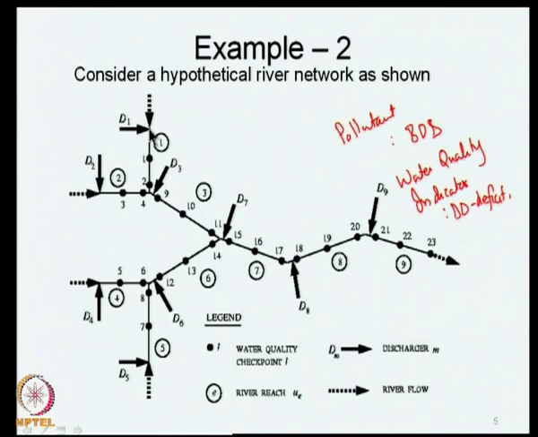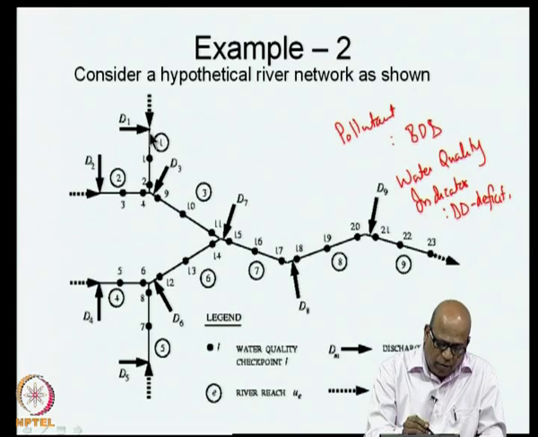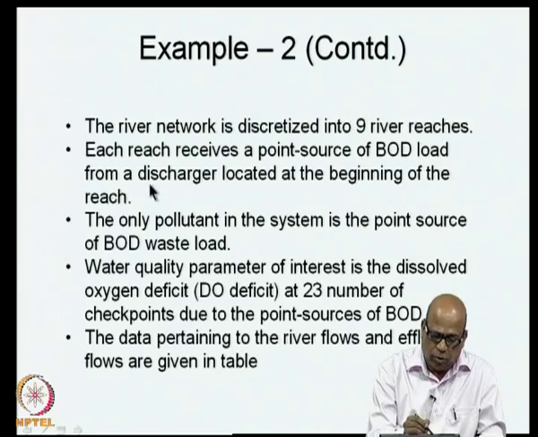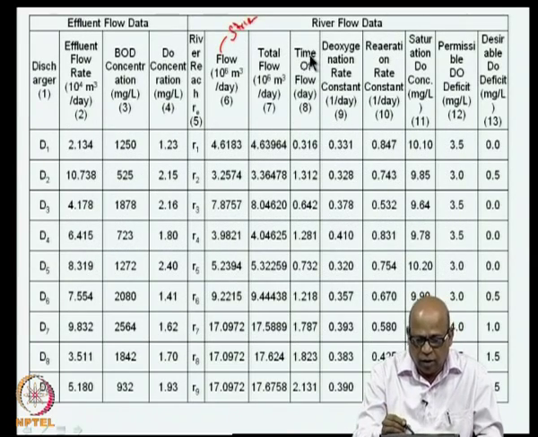And then from this point, the time of flow for this total flow to reach the end of the reach is governed by the hydraulics of the system, including the cross sectional area, the slope, the roughness and so on. So, this is the time of flow from this point to this point that is determined and given here. This is the time of flow and that is in days.